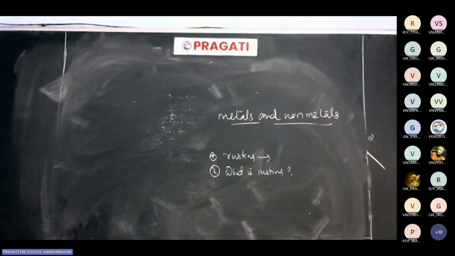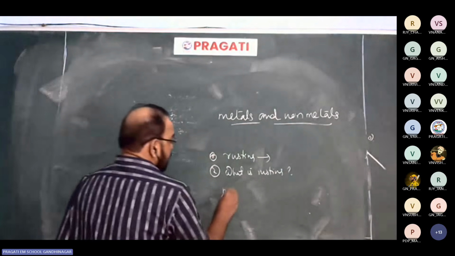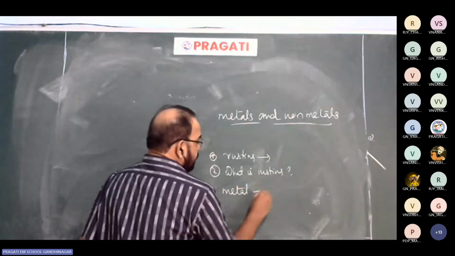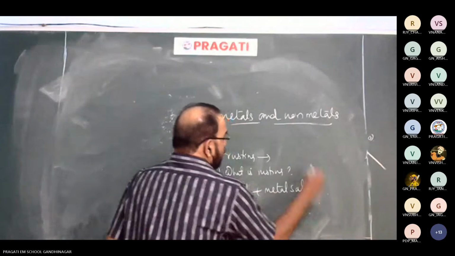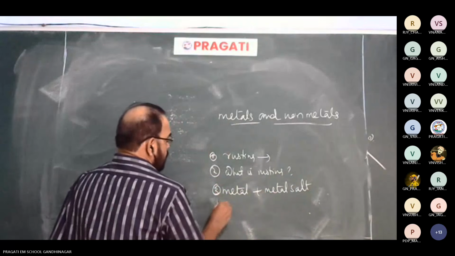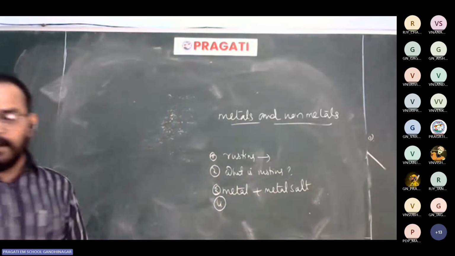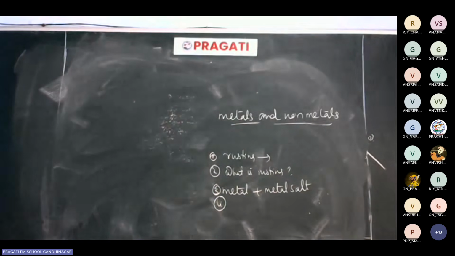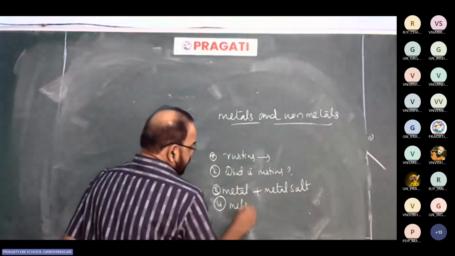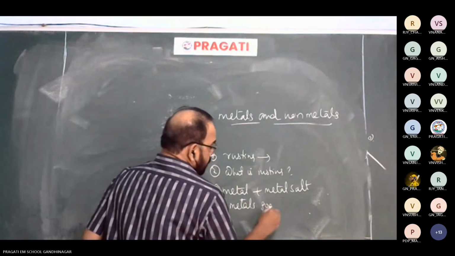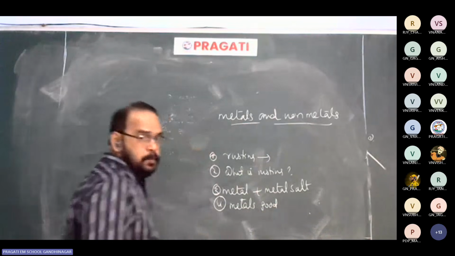Another one is metals react with metal salt, where one experiment is there. These are the most important 8-mark questions I am writing here. The next one is: metals are good conductors of heat, prove with an experiment.